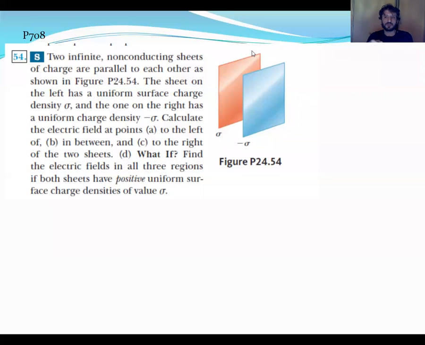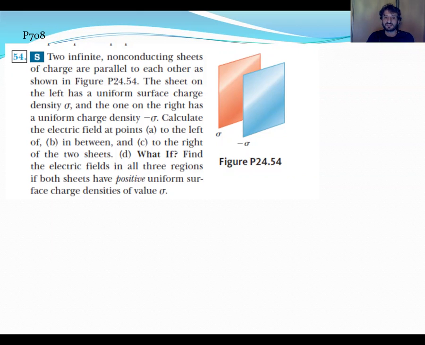Problem 54, page 708. Here, it's an application of Gauss's law in the case of an infinite sheet, an infinite charged plane. Here we have non-conducting sheets of charge parallel to each other as shown in the figure.